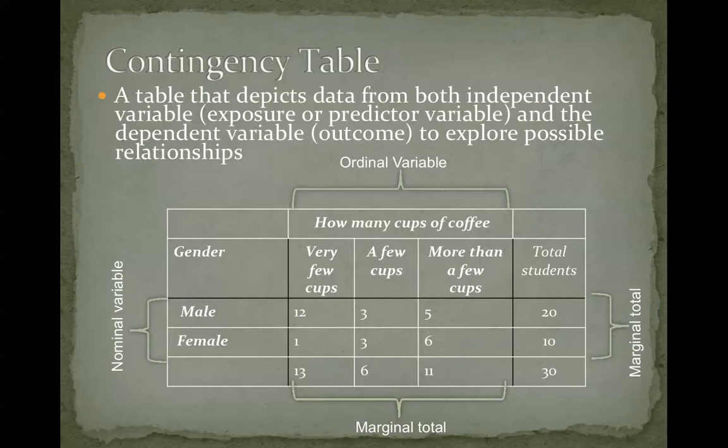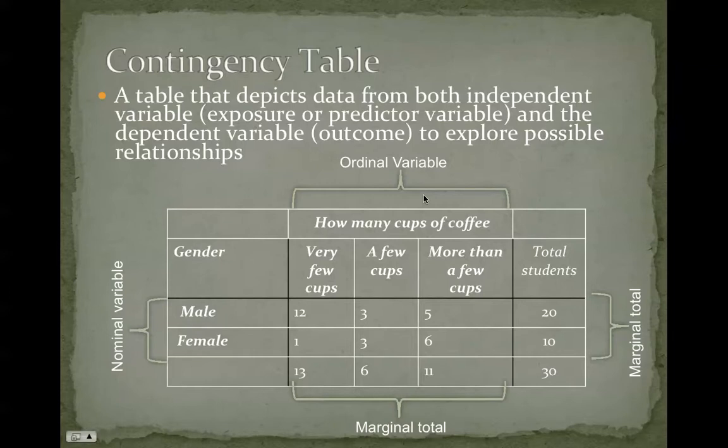What that basically means is that the categories of the variable cannot be ordered in any way, and they're just simply names. Gender is a very common nominal variable, and so is, say, race or ethnicity. Nominal variables are variables in which the categories themselves are simply names and cannot be ordered.